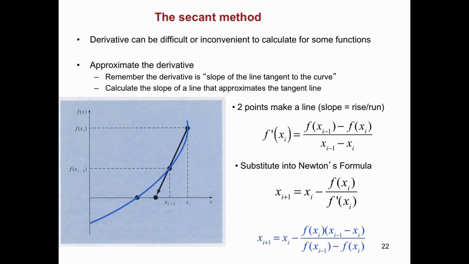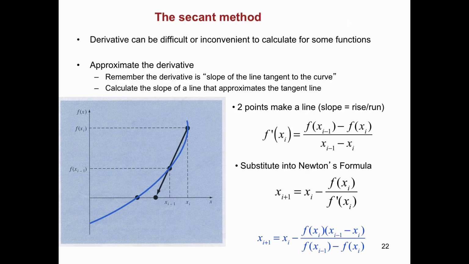Do we recognize the slope in here? So my approximation to f prime is f of x_{i-1} minus f of x_i, divided by x_{i-1} minus x_i, right? Values of the function divided by the actual distance. And this is just 1 over that, 1 over f prime. Do we see that? Okay.